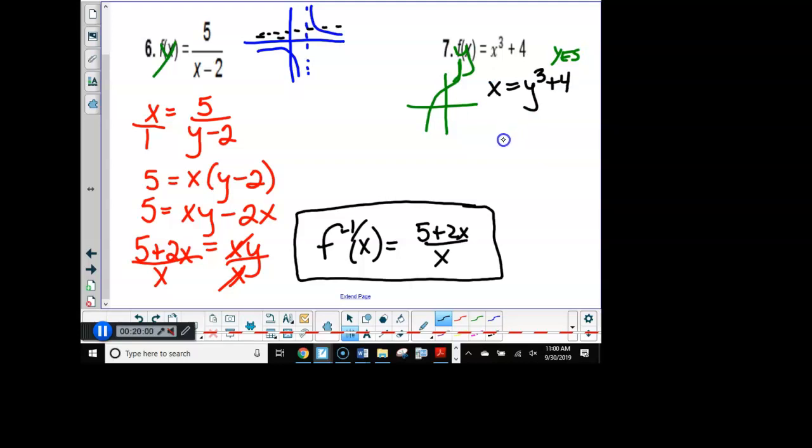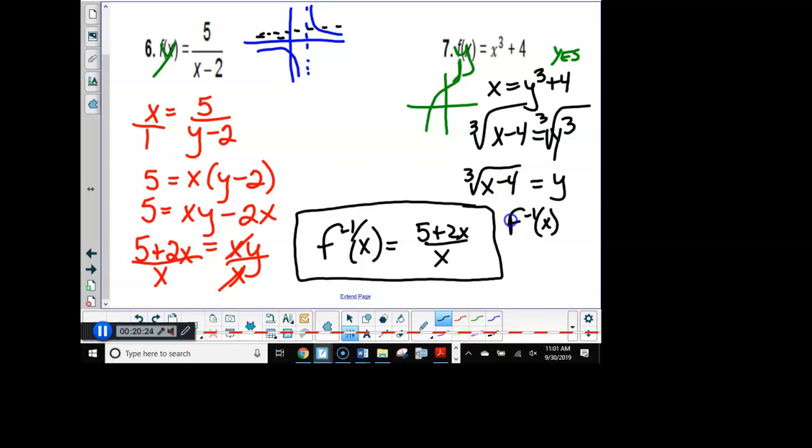Now how do I get the y by itself? Subtract 4. And then cube root is correct. So I need to cube root both sides here, which will give me y equals the cube root of x minus 4. Or we can put it back in inverse function notation.